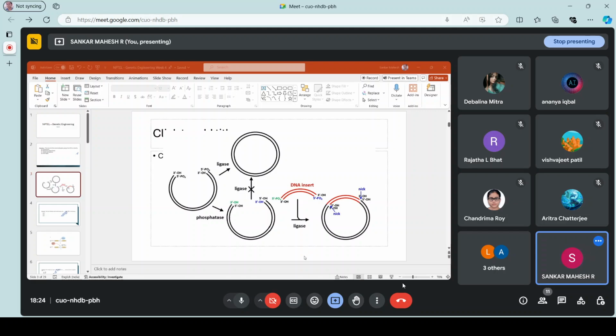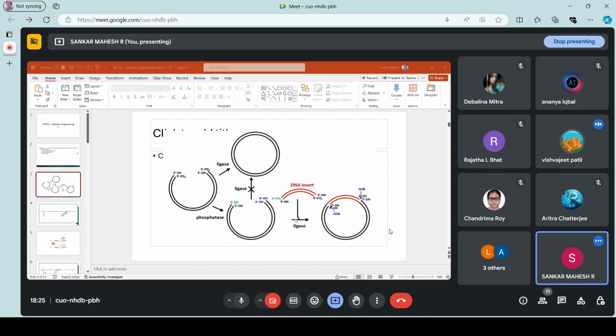Vishwadeep, there is a difference between the answer that you told and how the mechanism actually happens. Is that clear to you? Yes, sir. Are you aware of sticky ends? Yes, sir.